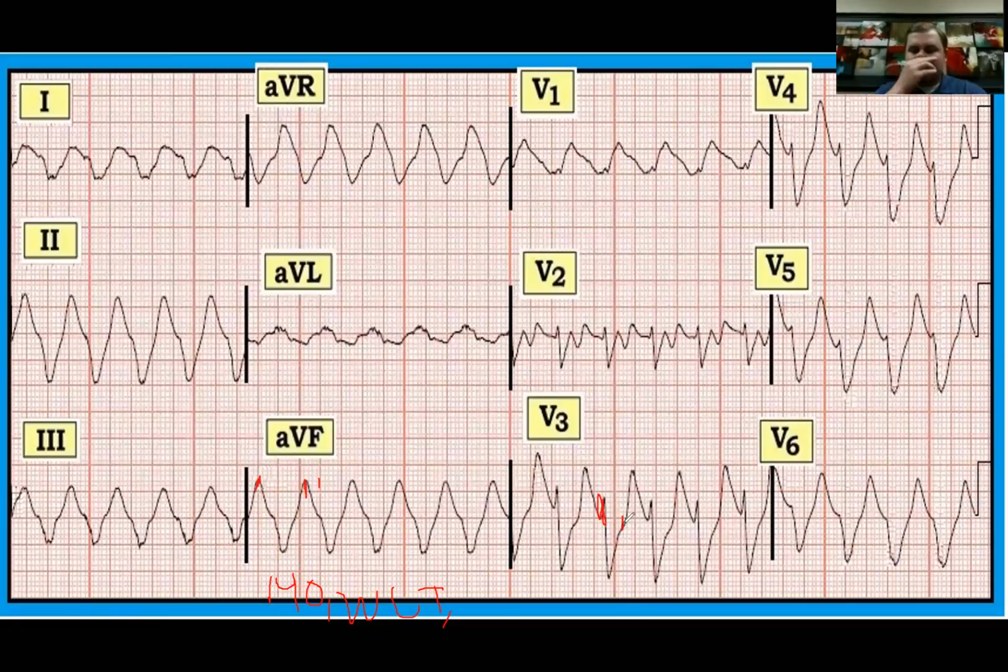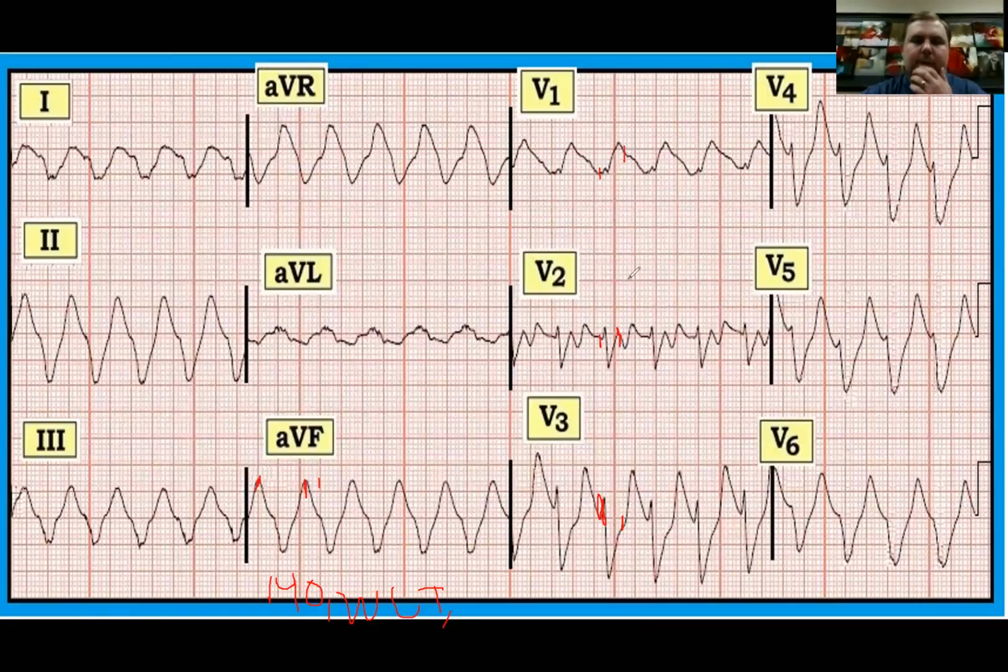Now that I've marked at least one, I can move my cursor up and I can find, oh hey, V2 is not too hard to see, and then keep going up, and V1.